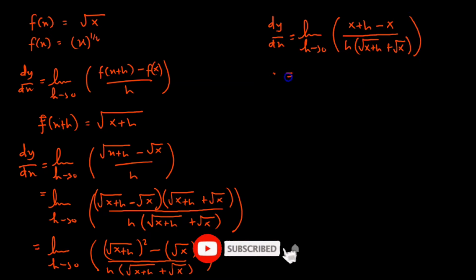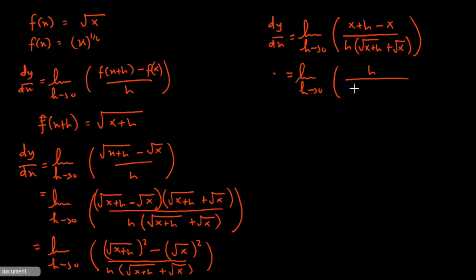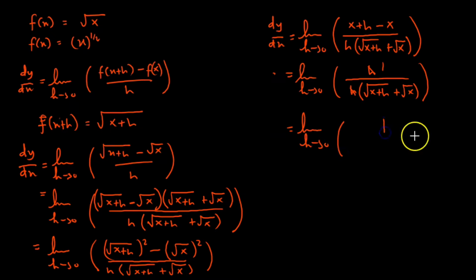Now, the numerator will be simplified, so we have limit as h approaches 0, leaving h on h into bracket square root of x plus h plus square root of x. And therefore, since it's in the factor form, h will do away with the h here, leaving 1 for the numerator, and then we are left with limit as h approaches 0 for 1 over square root of x plus h plus square root of x.